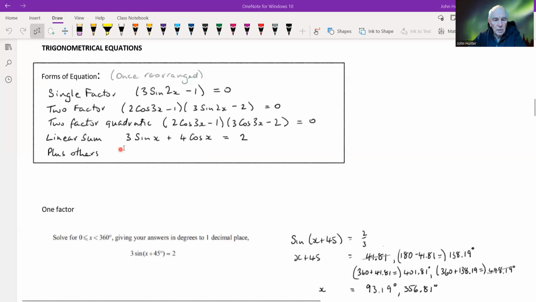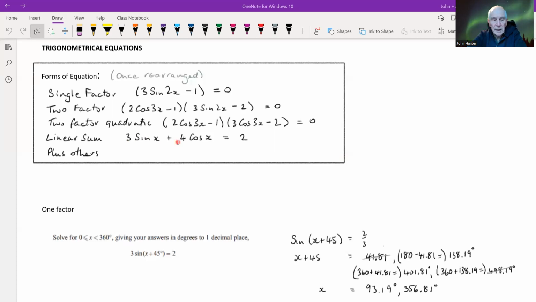The other type we tend to see is 3 sine x plus 4 cos x equals 2. So this is a linear sum of sines and cosines. Now, not quite so obvious how to resolve this one, but what we do essentially is convert this into a single function, so either sine or cosine, and we choose which is more appropriate or which we're required to do.